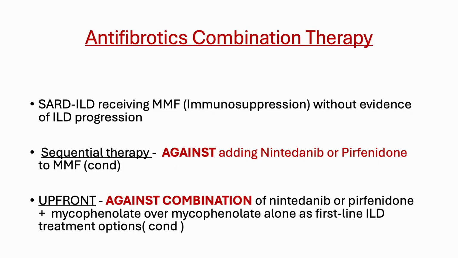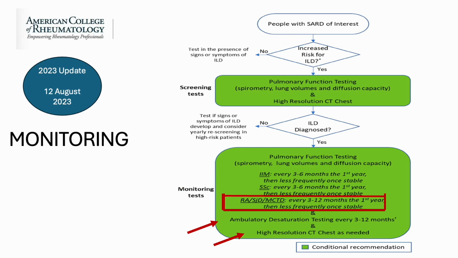What is the combination? So upfront, first line, do not start antifibrotics unless you've given the patient enough immunosuppression. If there is no progression, there is no need to start antifibrotics sequentially or upfront.